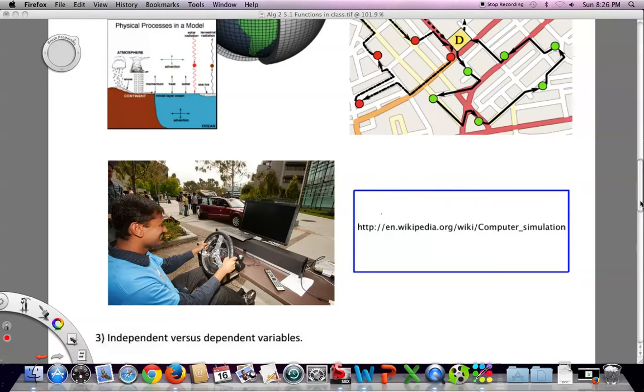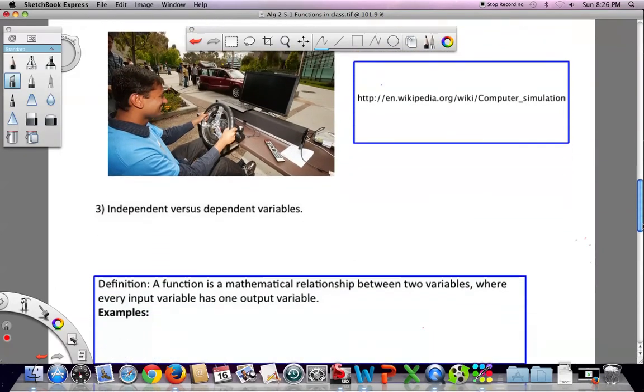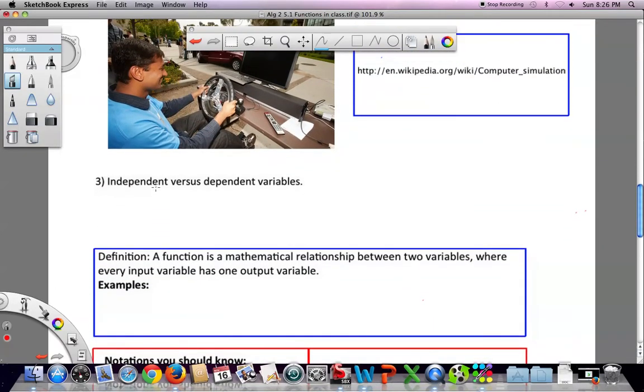Okay, so I said we do need to know a little bit of vocab here. Independent versus dependent. First I'm just going to give you some more words, and then maybe we'll talk about what these mean. Independent is often also called the input, and dependent is often called the output. The independent, or the input, is also called the x variable, and the output is the y variable.